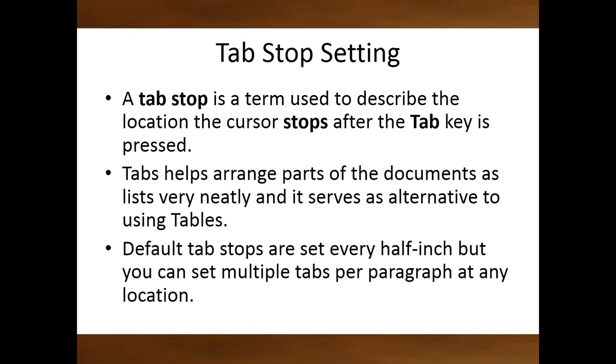So the best way to organize some sort of list in a tabular form without using tables is to make use of tab stops by setting them on your ruler. By default, tab stops are set every half inch, that is 0.5 inches. But you can set multiple tab stops per paragraph at any location on the line.